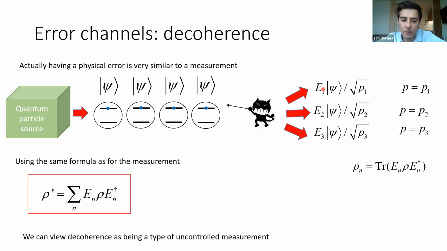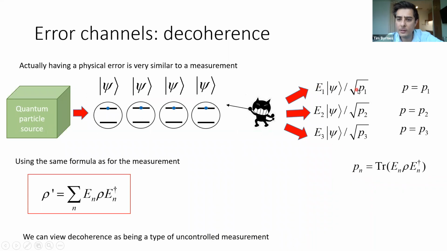So the way we write this is using so-called error operators. Well, I'm calling them error operators here. I think there might be various different names for it. Sometimes I think they're also called Kraus operators, but for this course we just call them error operators. The error operators act on the state, just like with the measurement.